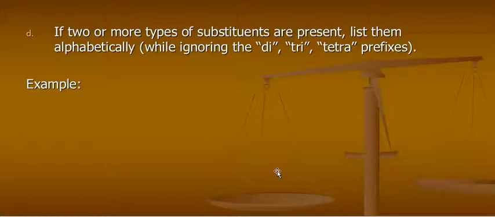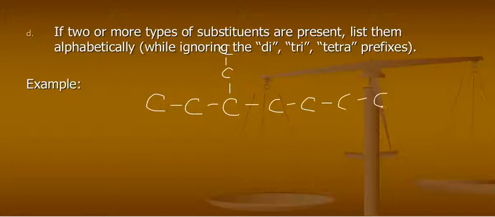If 2 or more substituents are present, we're going to list them alphabetically while ignoring the prefixes. So let's look at this example here. Longest chain is 7.